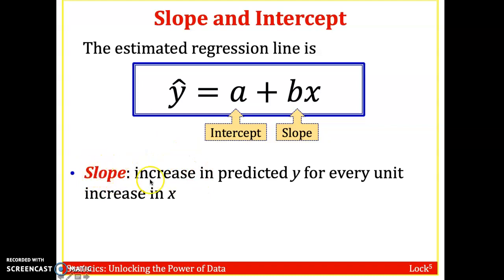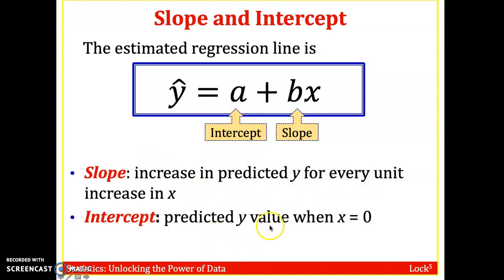And that slope tells us the increase in predicted y for every unit increase in x. Now keep in mind the slope could be negative, so I should say increase or decrease in predicted y for every unit increase in x. And the interpretation of that intercept is what's the y value when x equals 0. Sometimes this makes perfect sense, and sometimes it doesn't at all.